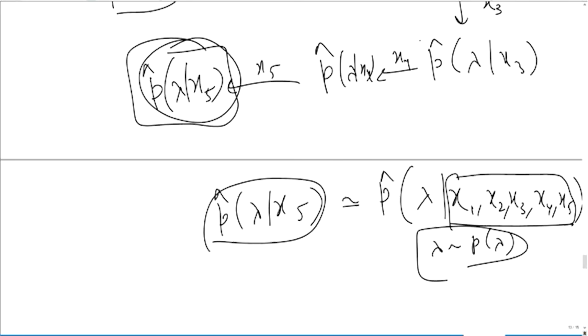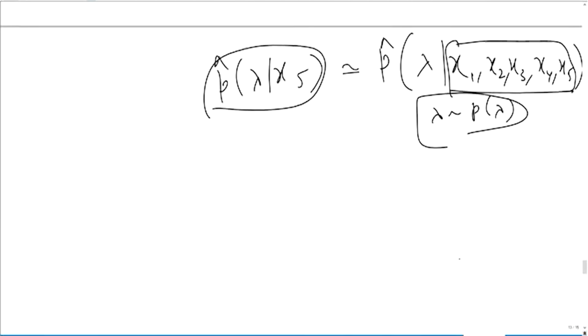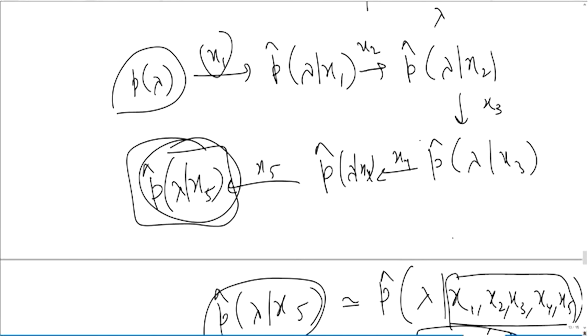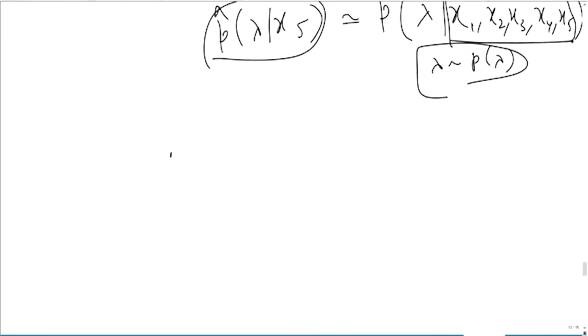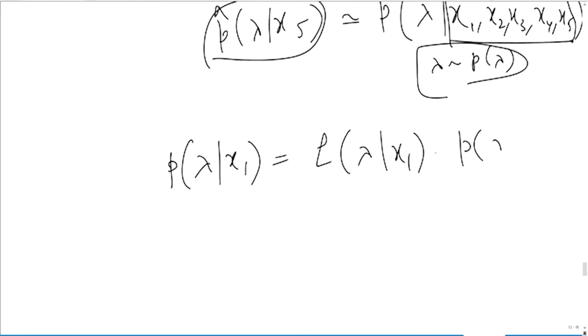And you can do this computation. So basically, what is changing every time you are doing this? Let us see. P of lambda given x1 is the likelihood of lambda given x1 times the prior distribution of lambda.